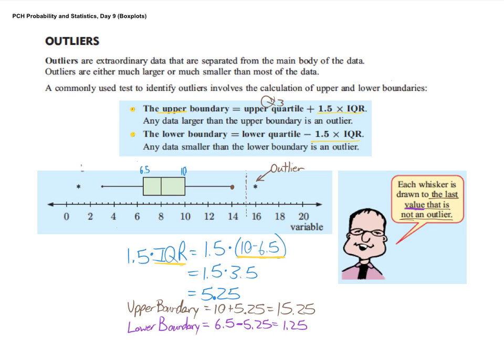If you notice here, there's the boundary at 1.25. Anything to the left of that is an outlier, and we actually do have an outlier here at 1. Even if it's really, really close, if it's past, you call it an outlier. So that right there is an outlier.